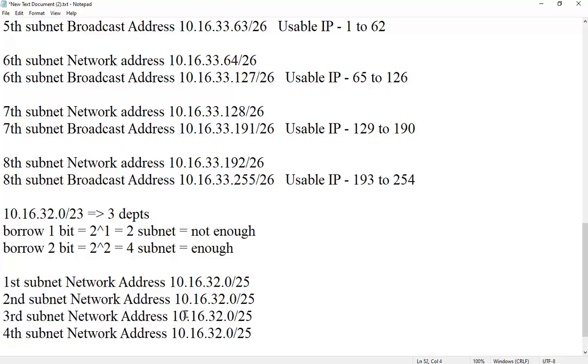Okay, so basically for 10.16.32.0, I need to add 128. So the second subnet network address will be 10.16.32.128. And when I add 128 to 128 again, we're getting 256.